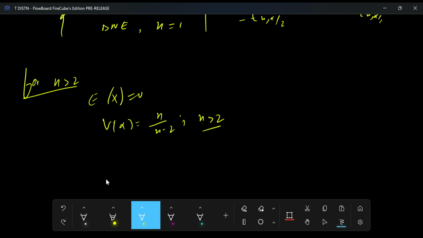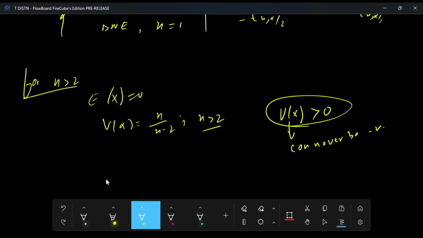And if n is less than 2, let's suppose 1, this will become negative. But variance of some x is always greater than 0. Variability can never be negative.